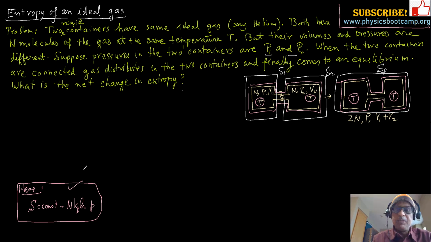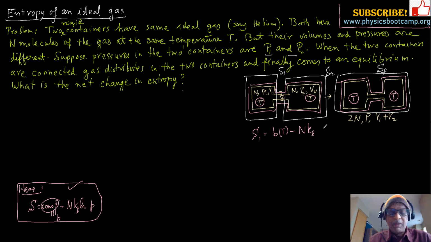Using this we know that S1 is equal to some constant, we'll just call it B, which is a function of temperature and is not going to change, minus N k_B log P1, and S2 is the same, B of T minus N k_B log P2.